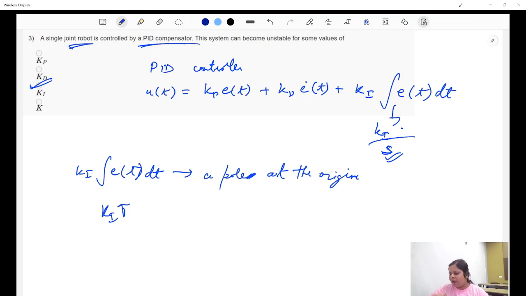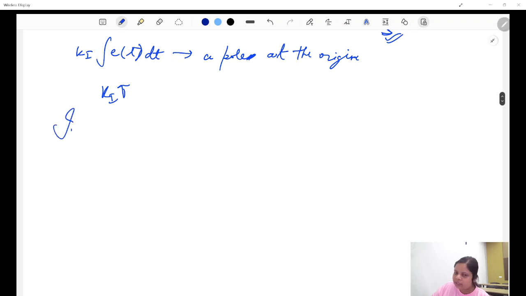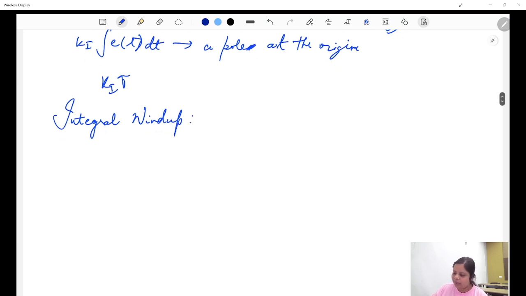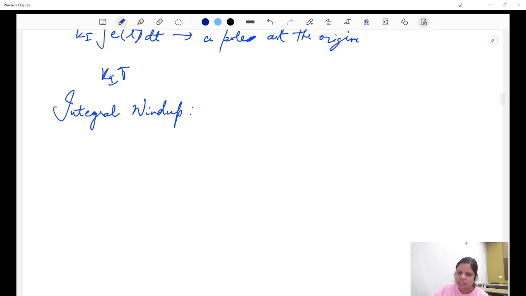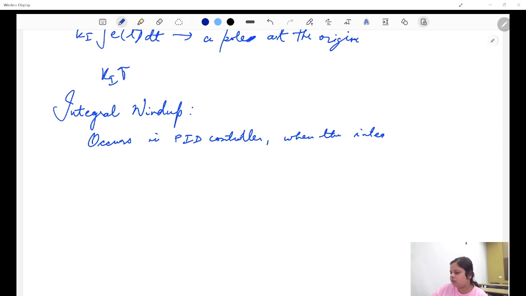Now why is Ki the correct option? I told you there can be a problem of integral wind up, and this is a very big problem. Whenever you are using a PID controller, this problem occurs when the integral term accumulates large error.